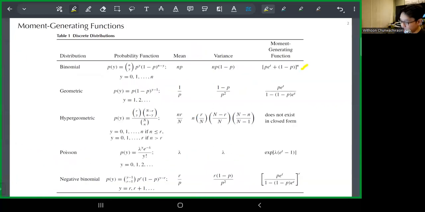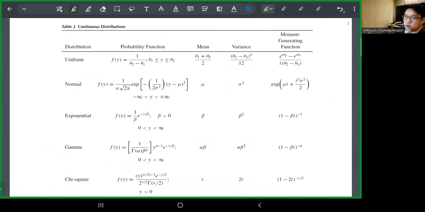You have the whole list here: uniform, normal, exponential, gamma, chi-square. Everything is already listed here. There are more, of course, but we are going to stick with the well-known distributions we have on hand. Cool. All right.